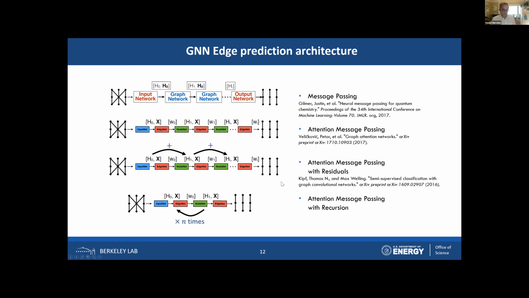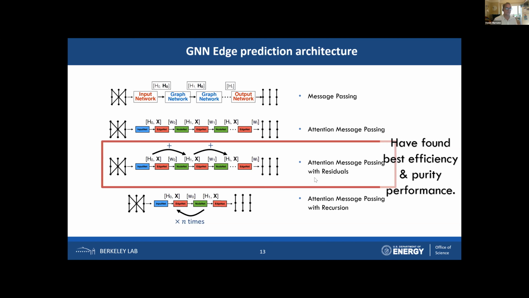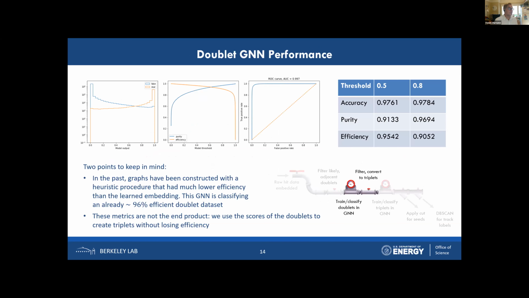But we found that the best efficiency and purity comes from this residual attention mechanism. That's not to say that it's the smallest network or the fastest. That's at this stage probably the vanilla message passing, but this has given some of the best efficiency and purity that we've seen. So those values are very good, actually.